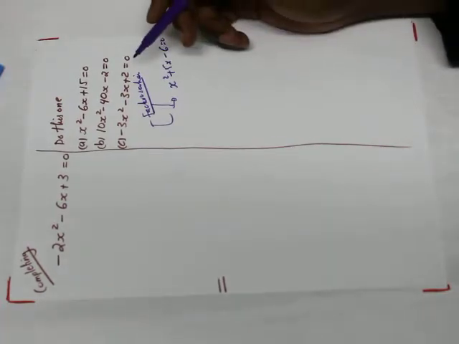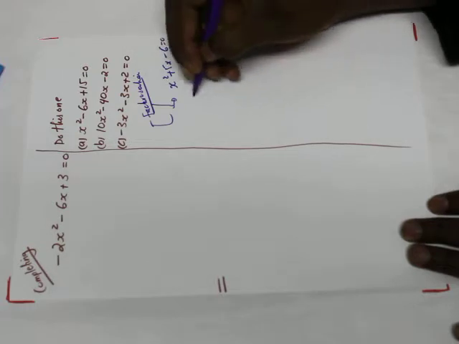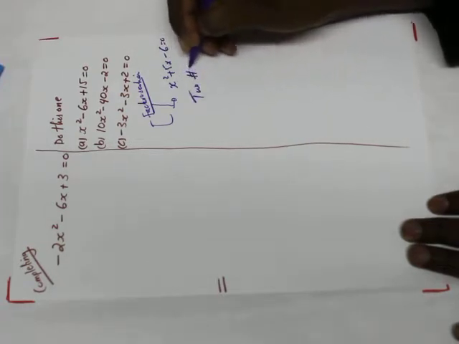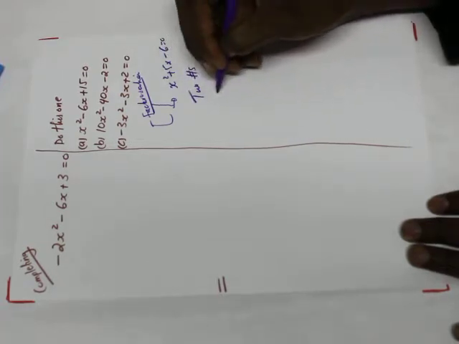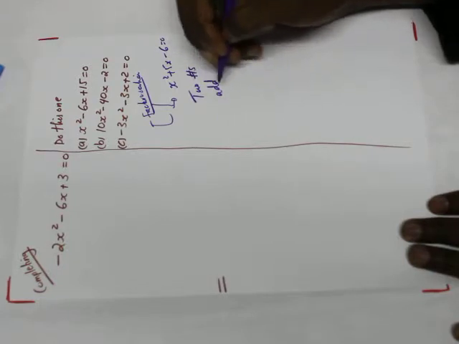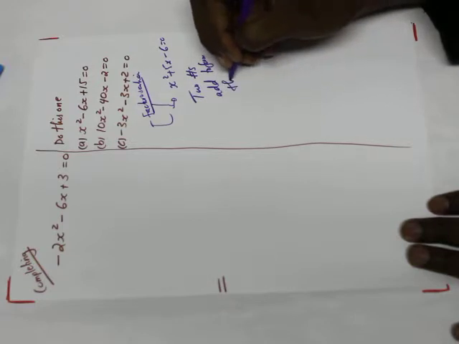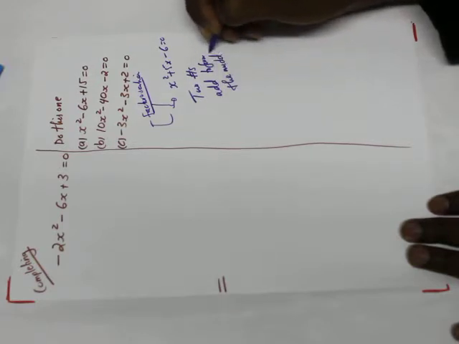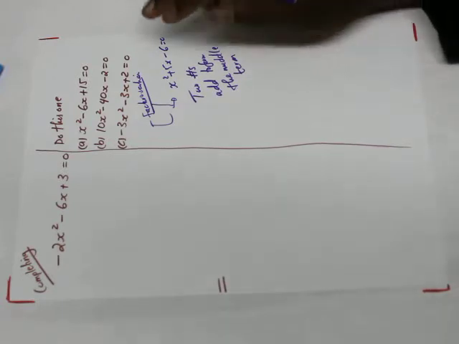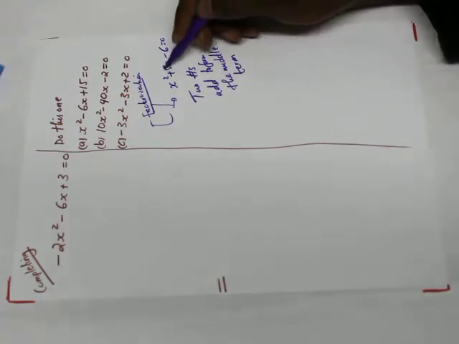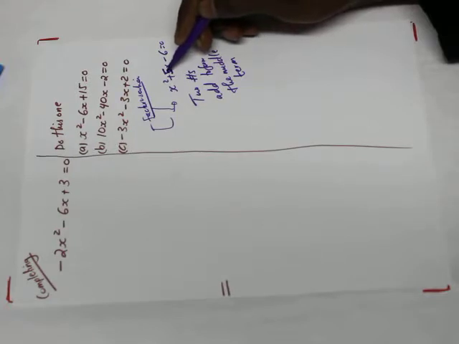The rule of thumb is that you need to find two numbers that add to form the middle term. So these two numbers must give me positive 5.